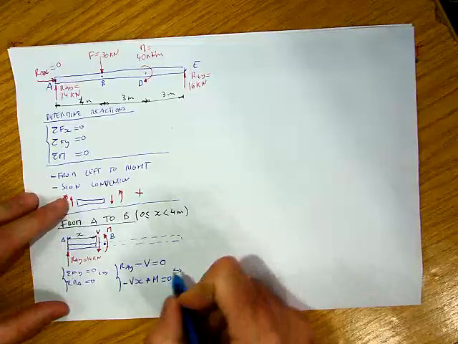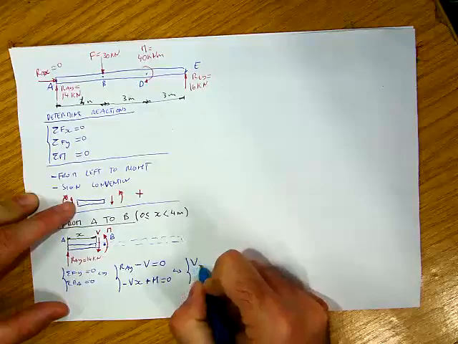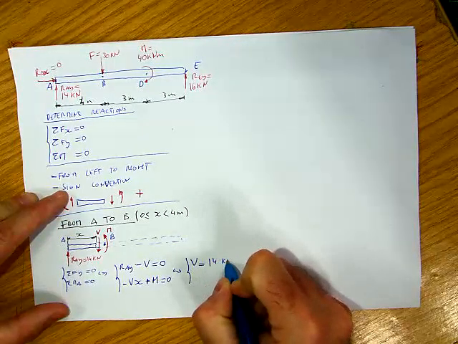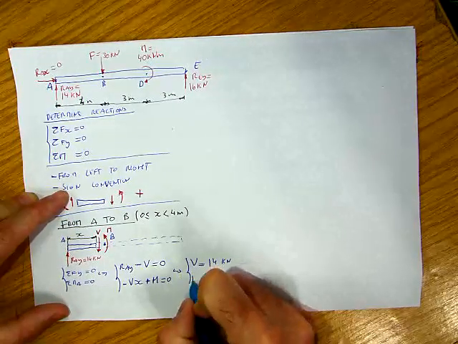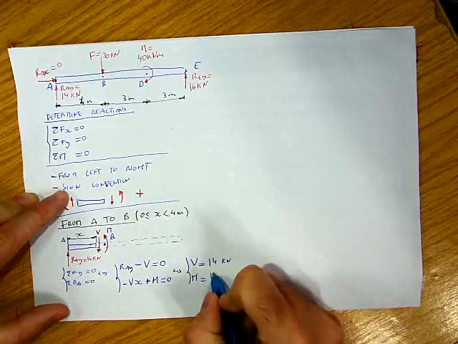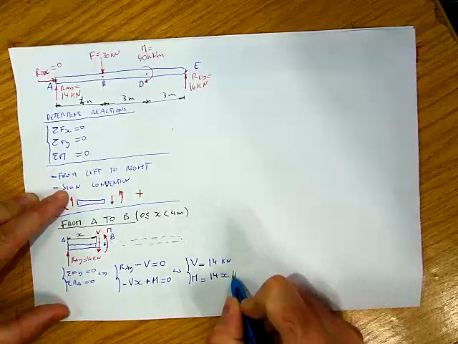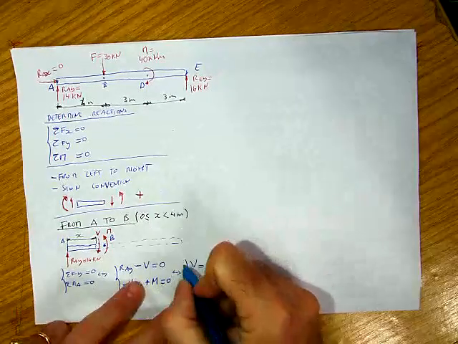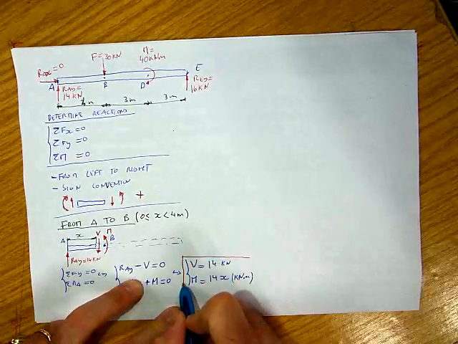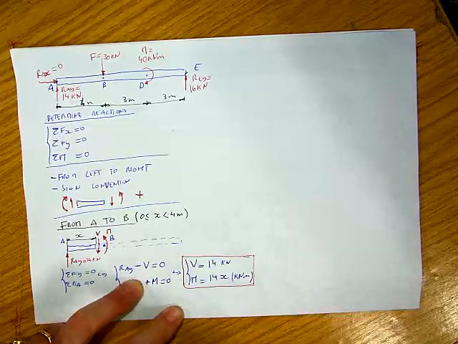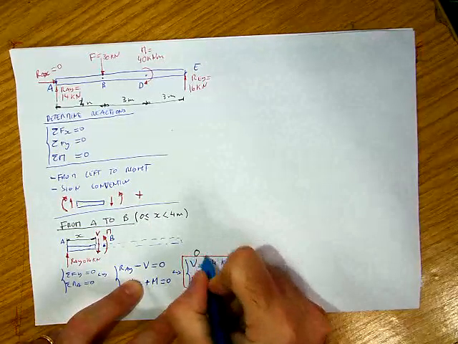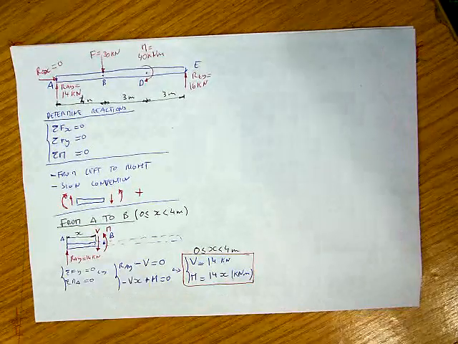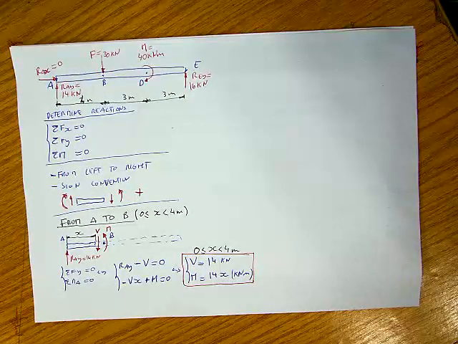This is equivalent to saying that V is equal to 14 kilonewton and M is equal to 14x kilonewton meter. So this is my result for the shear force and the bending moment between 0 and 4 meters.